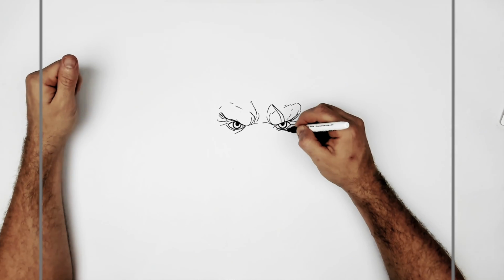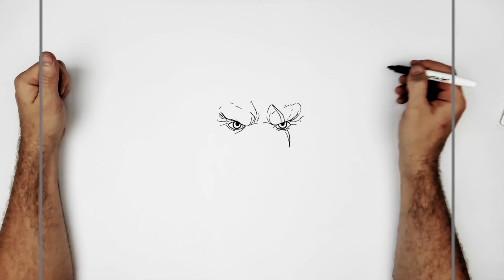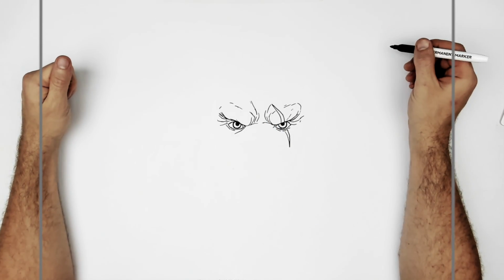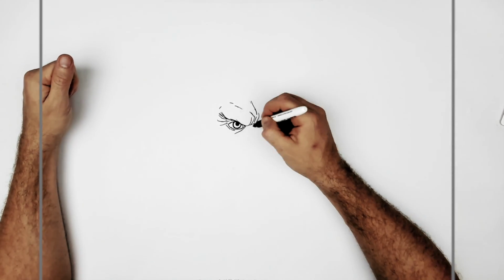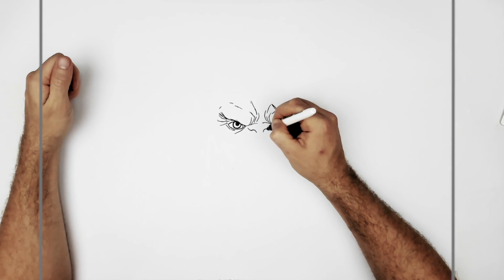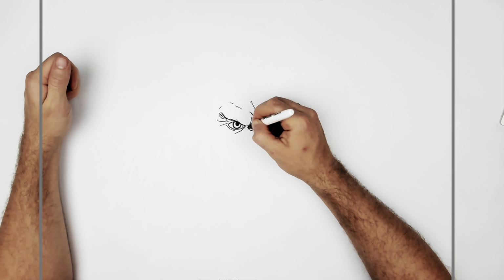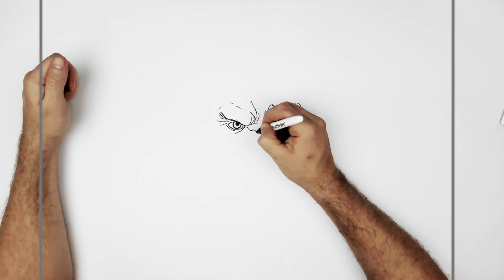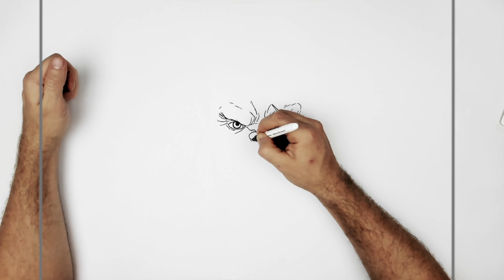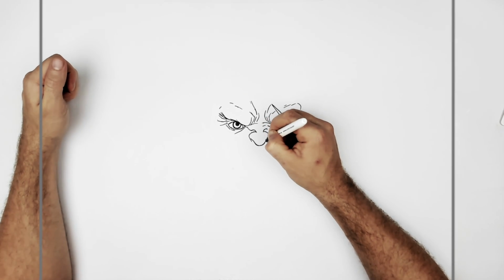And then that scar continues actually down his face. And then we got like a wrinkly sort of nose. Like nostrils just pretty high up. And then the tip of the nose coming down here.